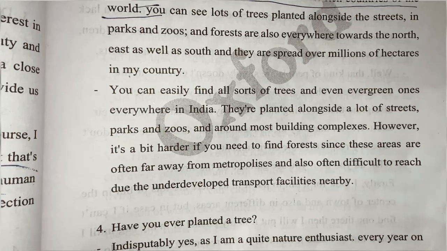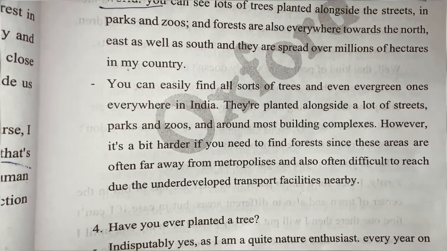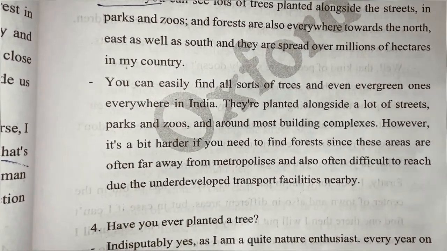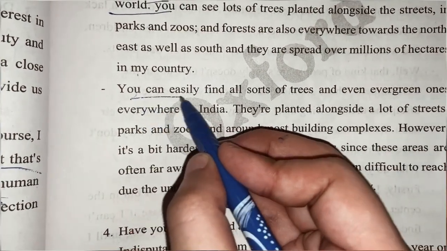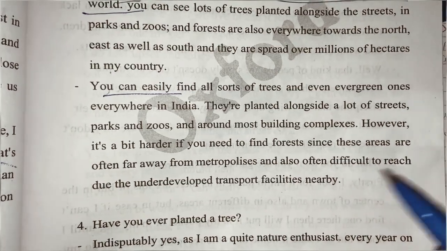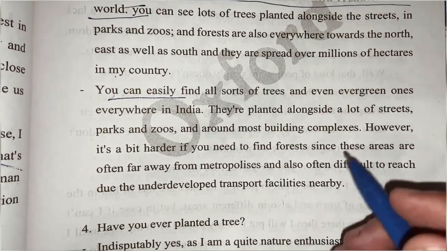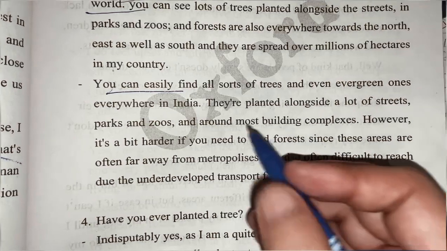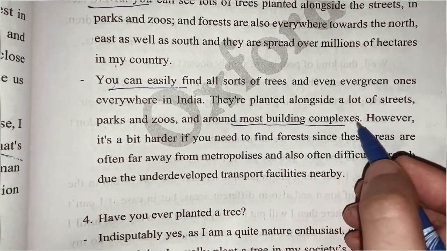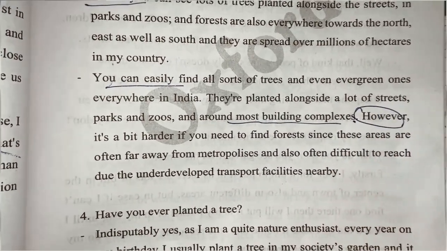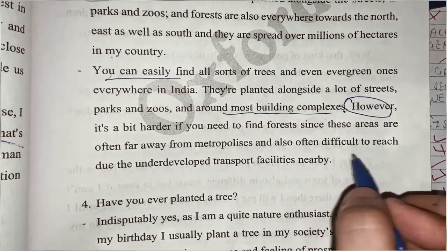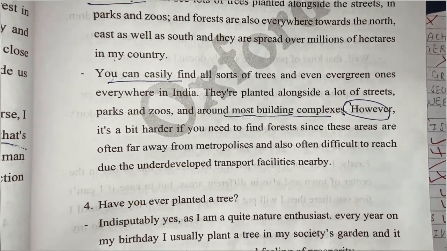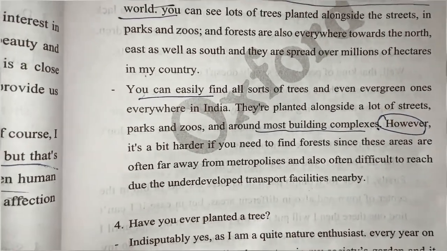Parks, zoos, and forests are also everywhere towards the east, north, as well as south, and they are spread over millions of hectares in my country. You can easily find all these sorts of trees and even evergreen ones everywhere in India. They are planted alongside a lot of streets, parks, zoos, and around most building complexes. However, it is a bit harder if you need to find forests, since those areas are often far away from metropolises and also often difficult to reach due to the underdeveloped transport facilities nearby.